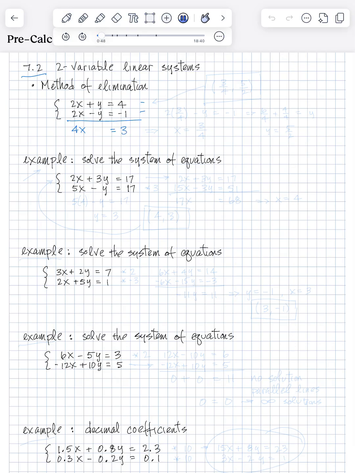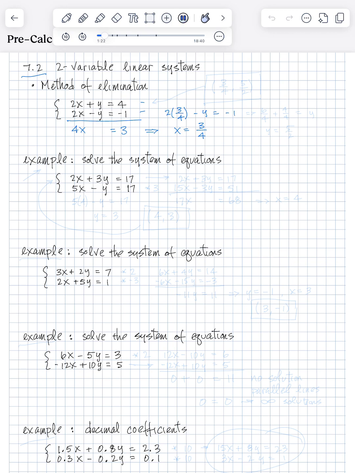So we can solve it for x by dividing both sides by 4. So x is equal to 3/4. And then you put that into either equation and solve for y. Now we can go ahead and put it in the second equation. So that's going to give us 2 times 3/4 minus y equals -1.